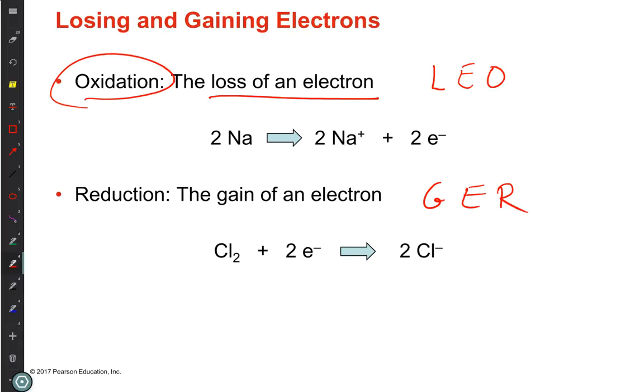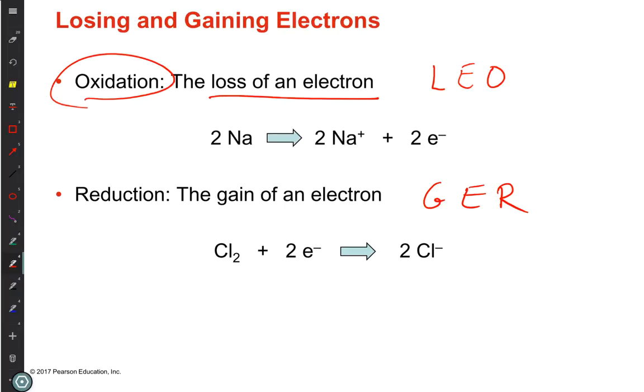Gain electrons, reduction. And so we have here an example, chlorine gaining 2 electrons. And of course, you put these two together and it makes sense. If you put those together, then you'd form an NaCl neutral thing. But that's what the difference is in a reduction and an oxidation.